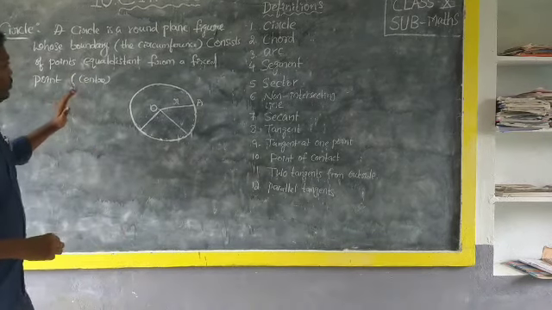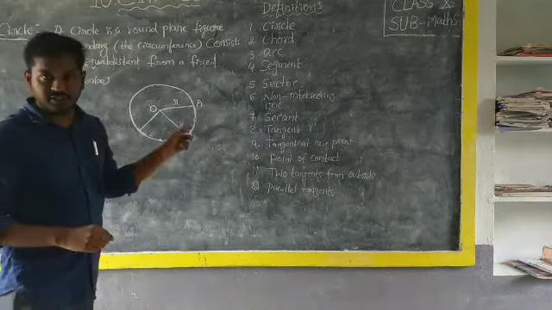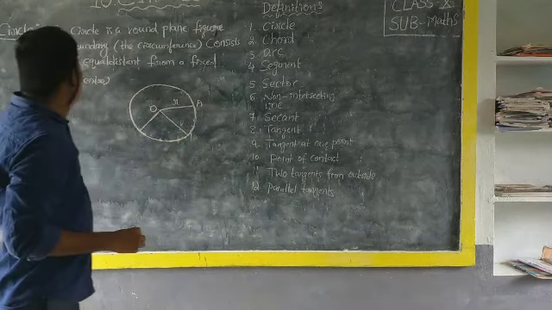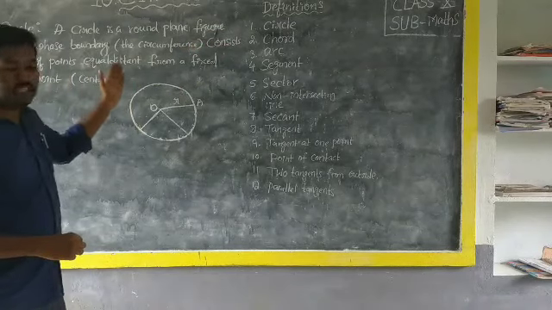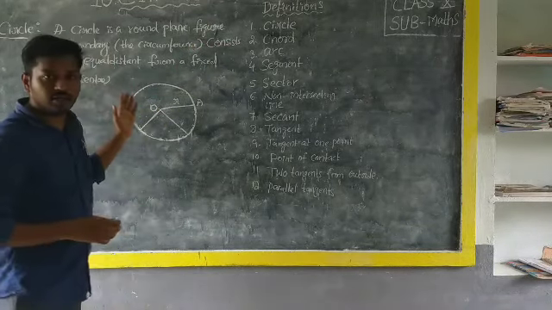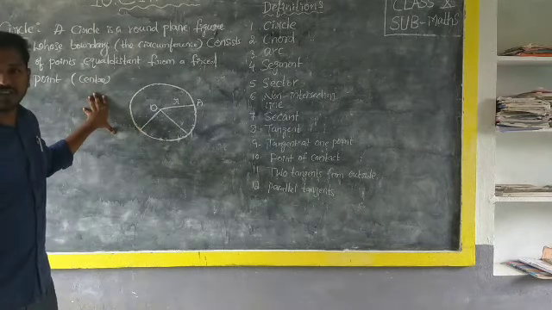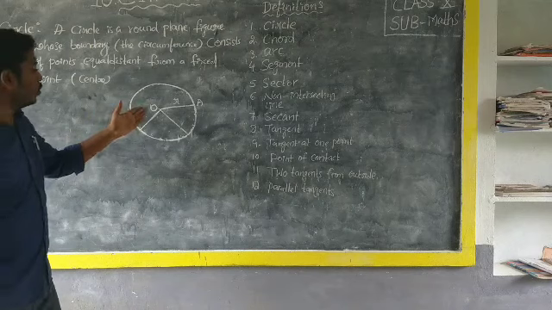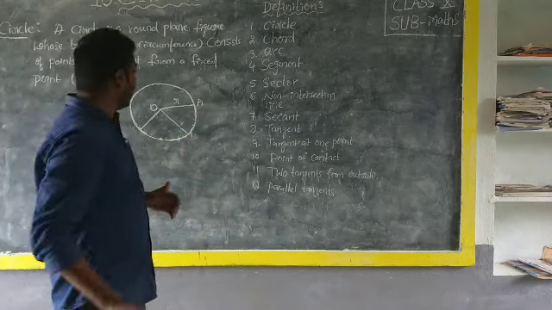Now clearly look at the definition of circle. A circle is a round plane figure whose boundary consists of points equal distance from a center. That is the clear-cut definition of circle. Here OA is called radius.